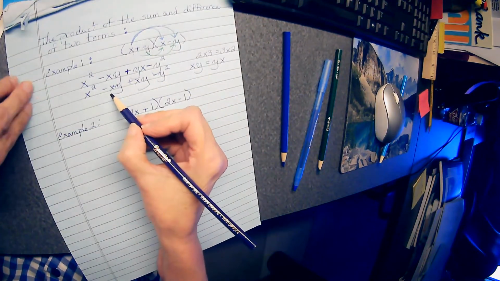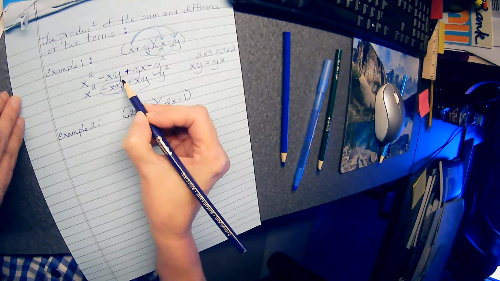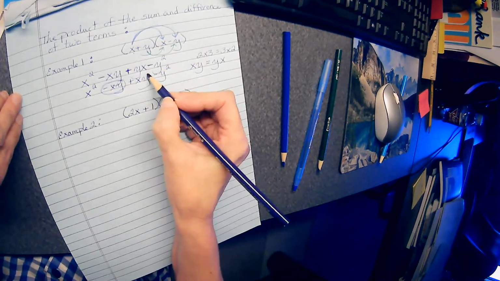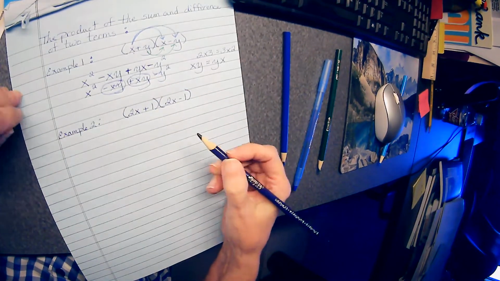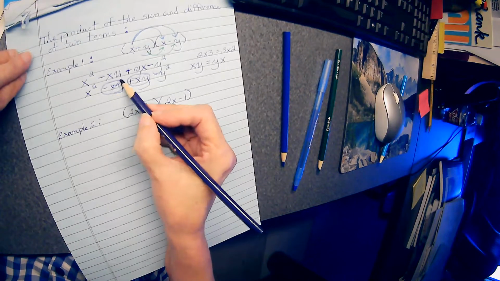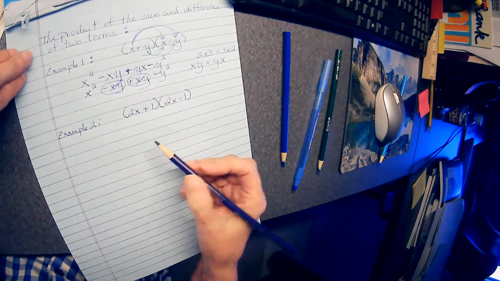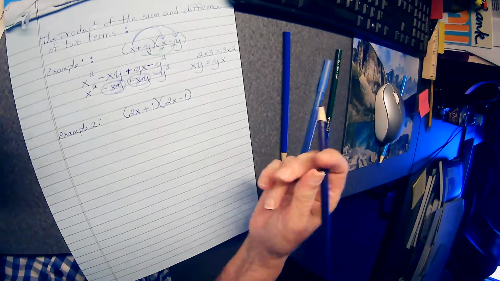Okay, I have a negative 1xy critter here, and I have a positive 1xy critter here. A negative 1 and a positive 1 cancel one another out. If I have 1 and I take 1 away, it's out of there, right?